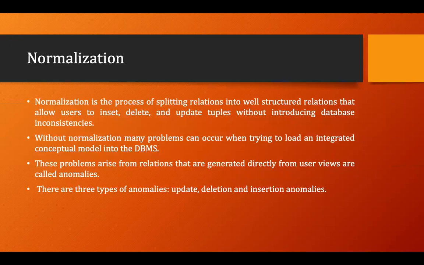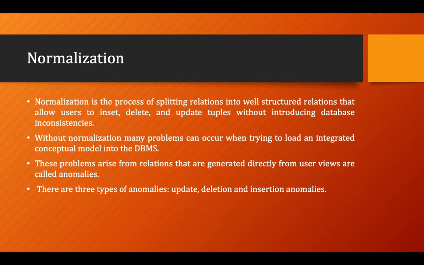Normalization is the process of splitting a relation into well-structured relations that allow users to insert, delete, and update tuples without introducing database inconsistency. What it says is that normalization is the process of splitting relations into well-structured relations.